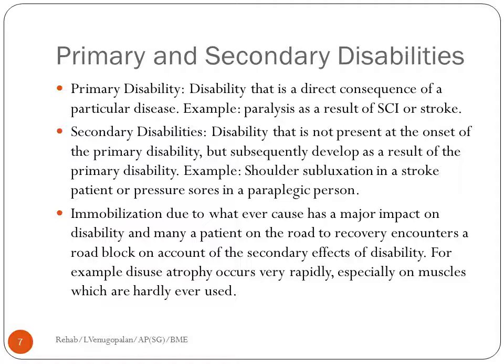For example, pressure sores on a person who's constantly on the bed. Now a person who's paraplegic is always seated in a wheelchair or is lying down. So that can result in pressure sores. Another example is shoulder subluxation in a stroke patient.